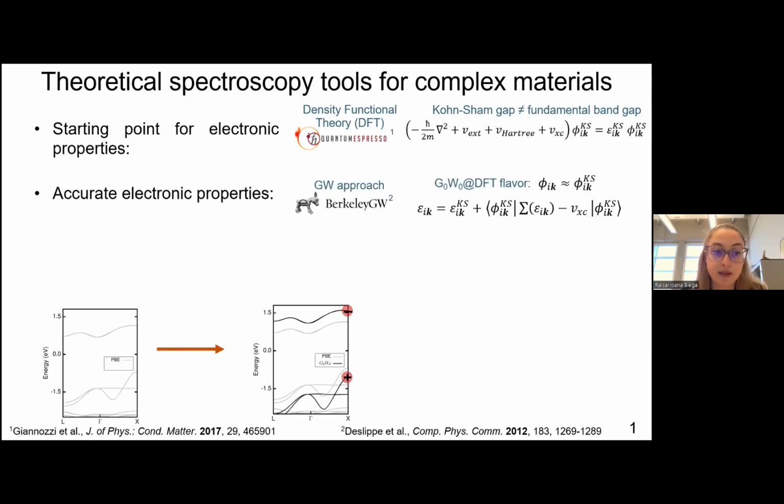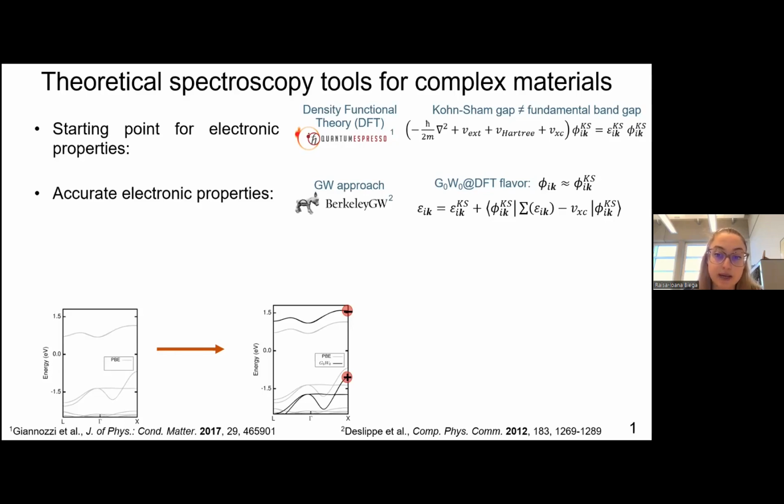Then the next step is to do GW. That's an approach that is well known to give rise to more accurate band gaps and electronic properties.